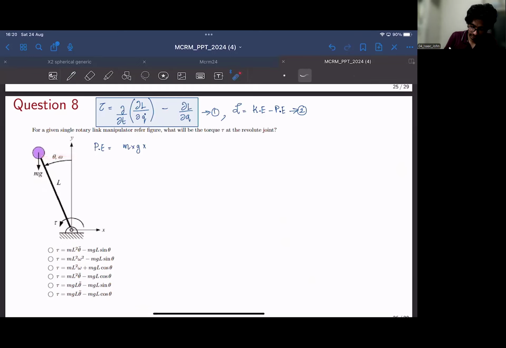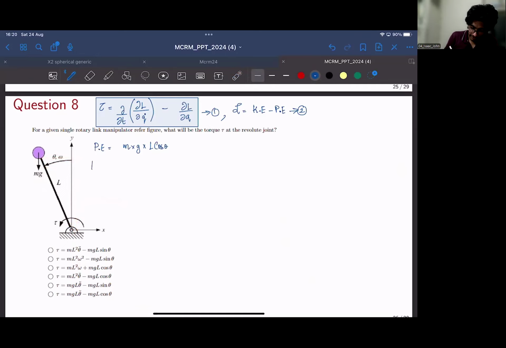So that means this height. That is nothing but L cos theta. If this is theta, this height would be L cos theta. So I'll write it over here, L cos theta.